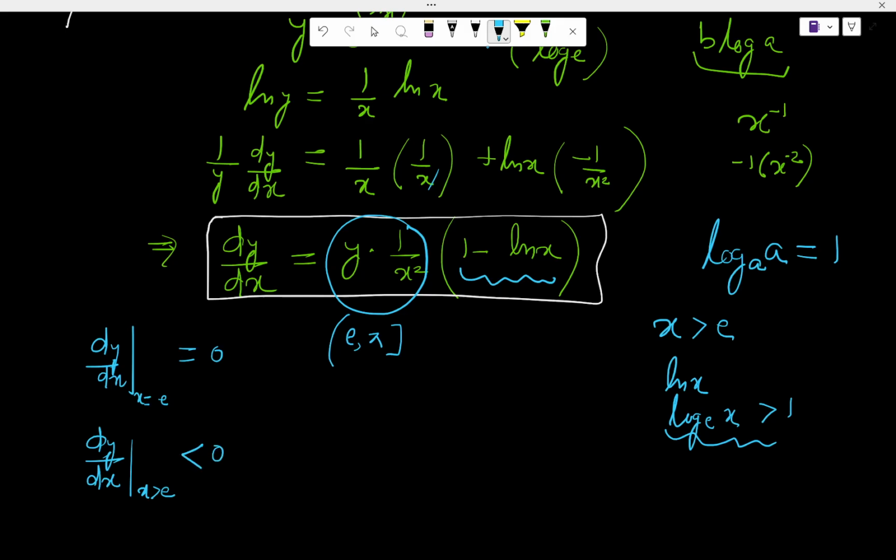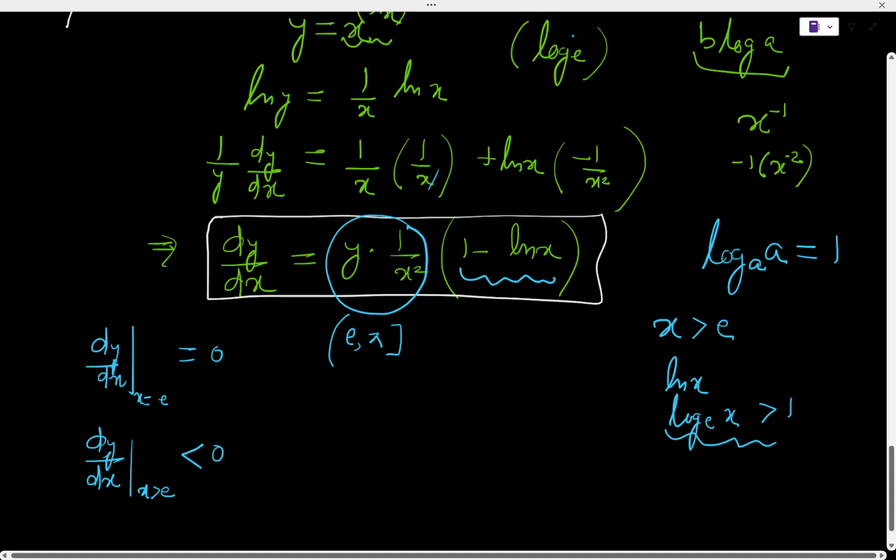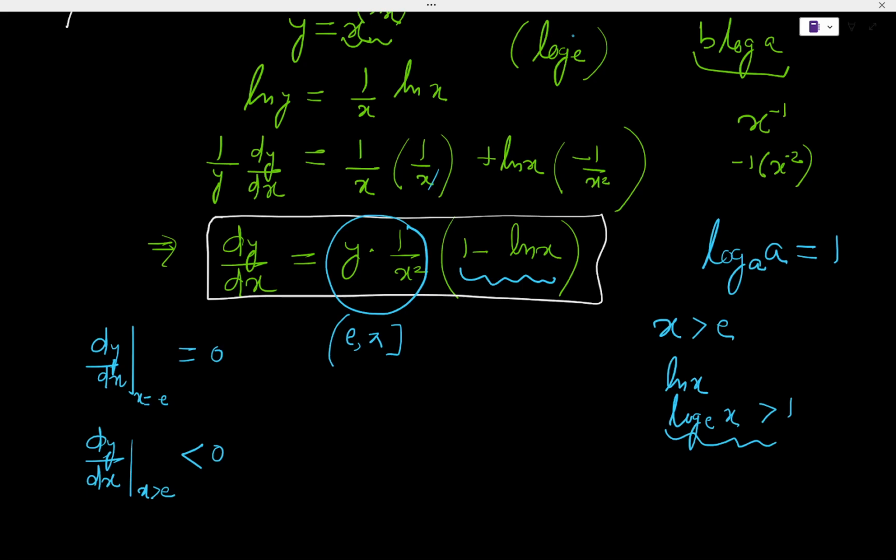That means between e to pi, at e the derivative is 0, but between e to pi, definitely we are sure that this derivative is negative. In other words, if the derivative is negative in a range, the function is falling, because derivative negative means del y is negative, y value is decreasing. How it is decreasing, I am not sure.